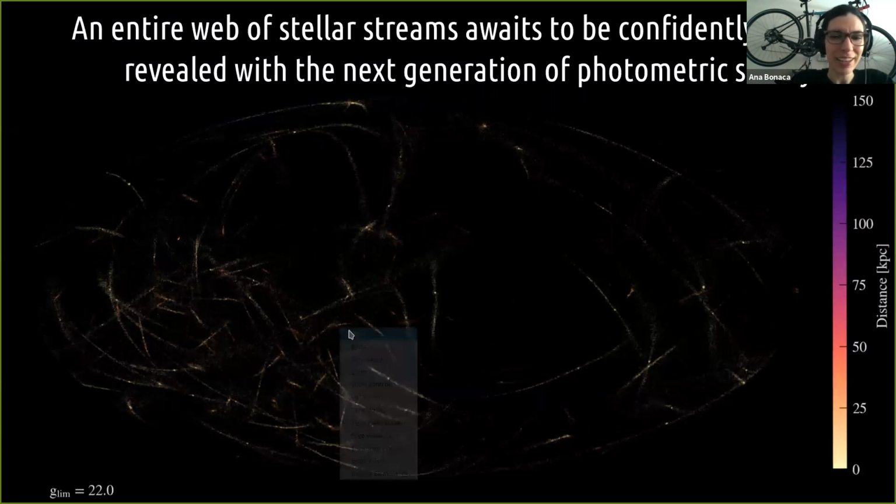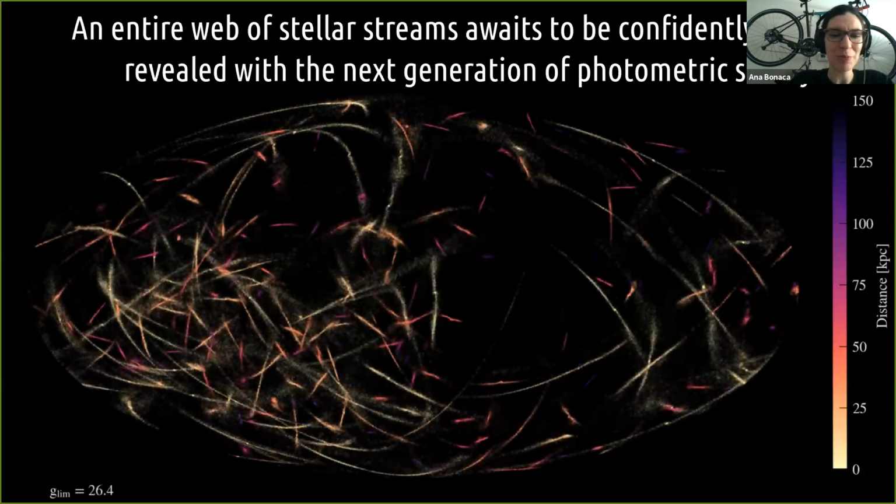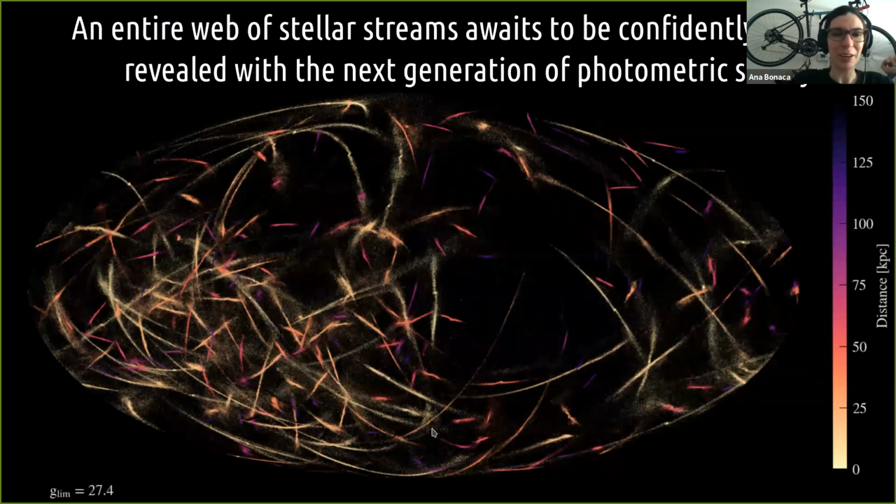However, as we get better and better data, showing the limiting magnitude of the survey until we reach LSST 10-year depth, we get a much more fleshed out picture of the stellar halo. The nearby streams are observed in a lot more detail, and then we see many stellar streams even farther out in the halo, all the way out to beyond 100 kiloparsecs.